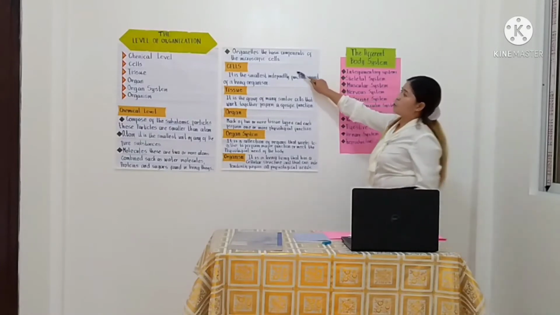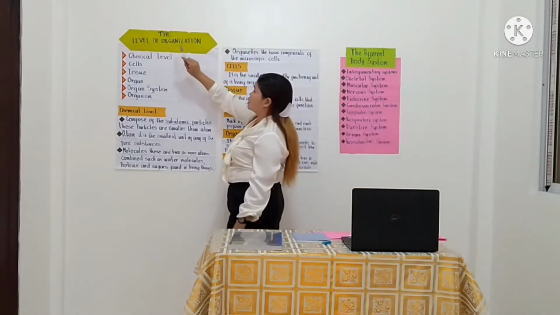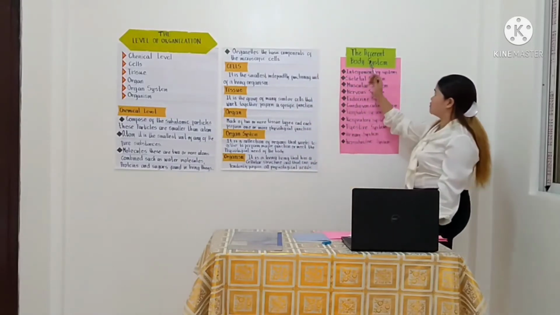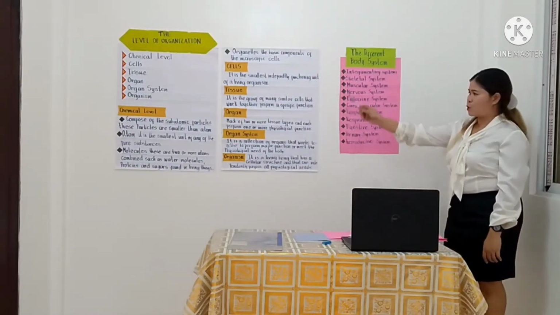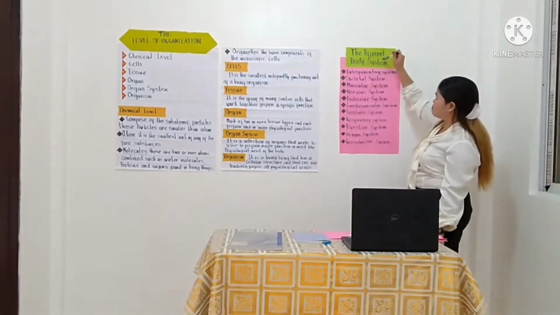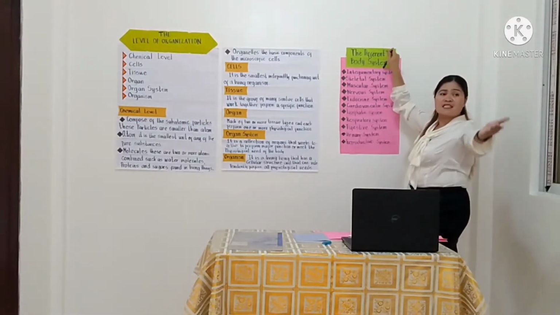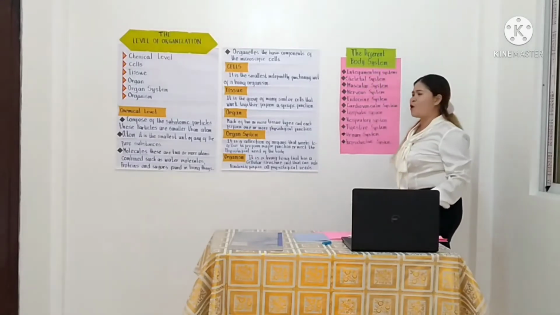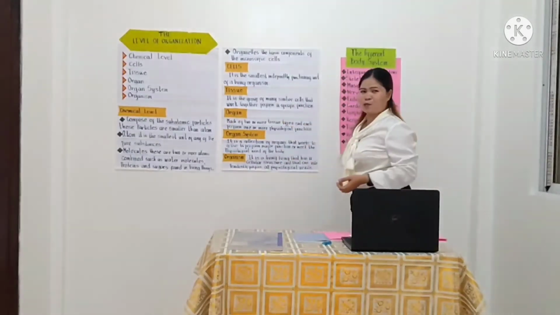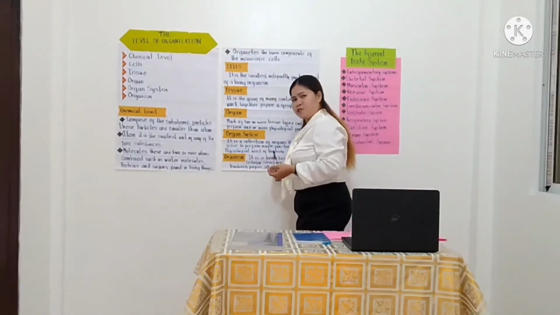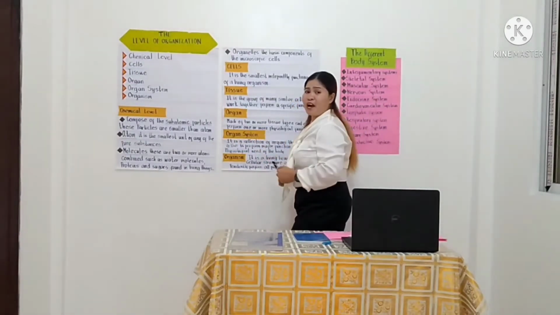So since we already tackled the levels of organization, let's proceed now to the different body systems. The different body systems belong to what? Yes, they belong to the organ system. So according to the organ system, it is a collection, which means they have been divided.